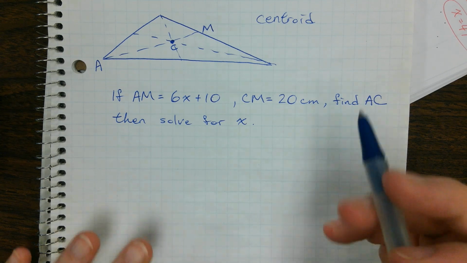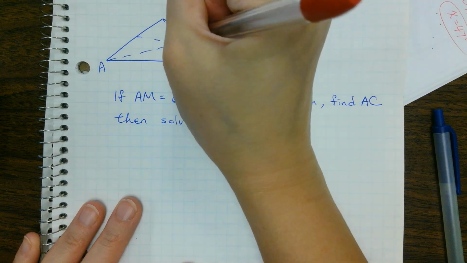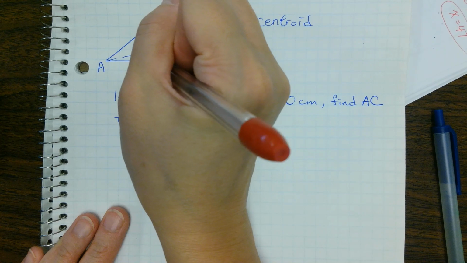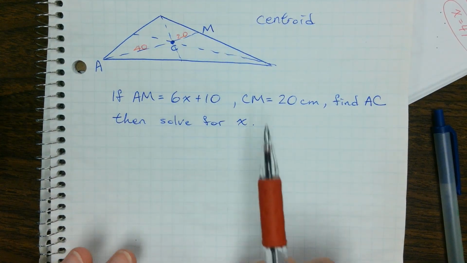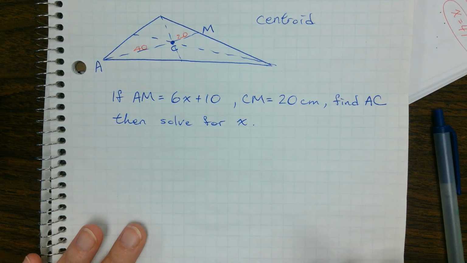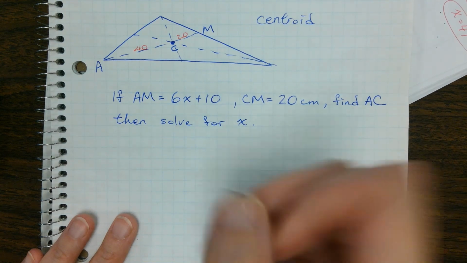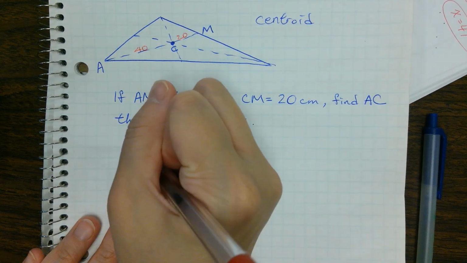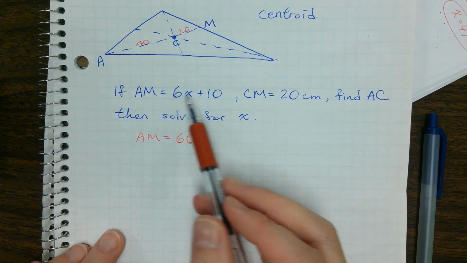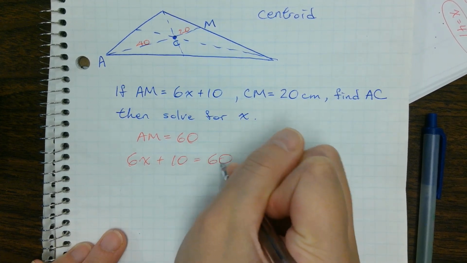So first part was if this is 20, then I know that AC is 40 because it's doubled, right? So what is the whole length then? 60, because you add it. So AM equals 60. So if AM is that, so 6x plus 10 equals 60.